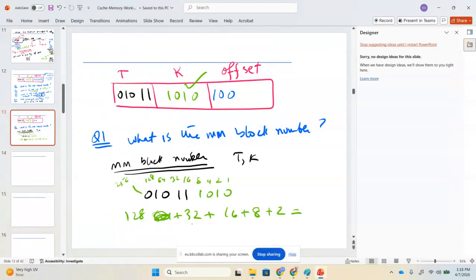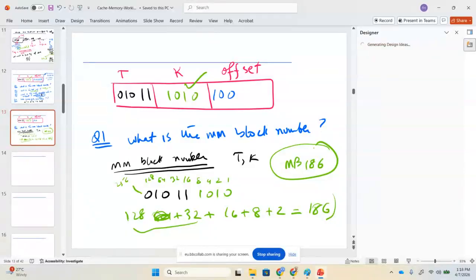Can you tell me? 160. 176, and then 186. Am I right? Yes, Professor. So this is the main memory block number, main memory block number 186. So these are all the questions that I can give you in the exam.